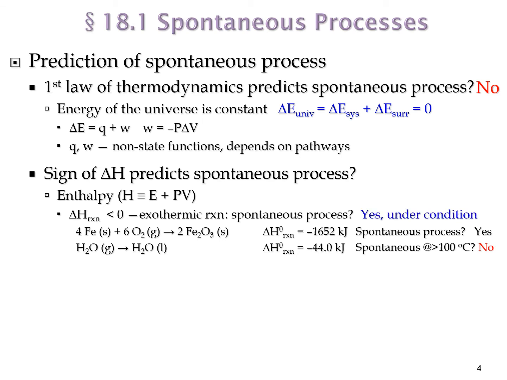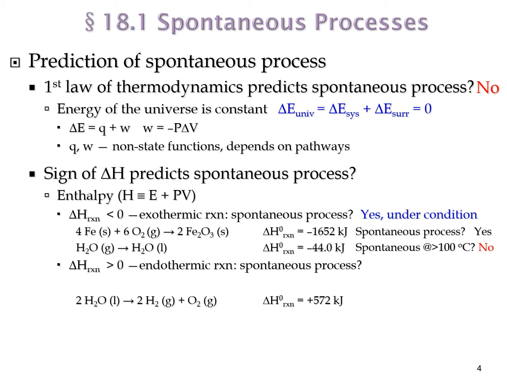So we find out, yes, to a certain extent, right? So when we look at the sign of the delta H and the magnitude of delta H of a reaction, we can certainly understand whether that is going to be a spontaneous process or not. And of course, we can check with the endothermic reaction, because endothermic reaction means the reaction requires heat, right?